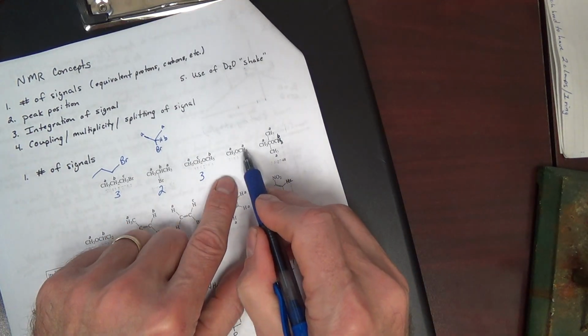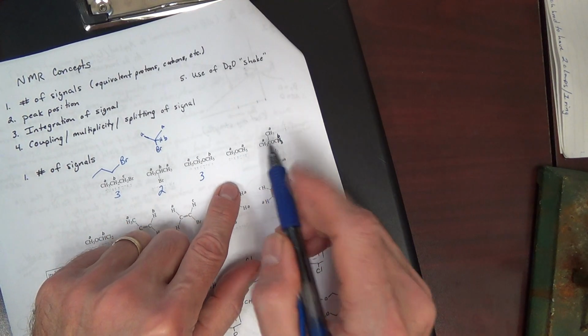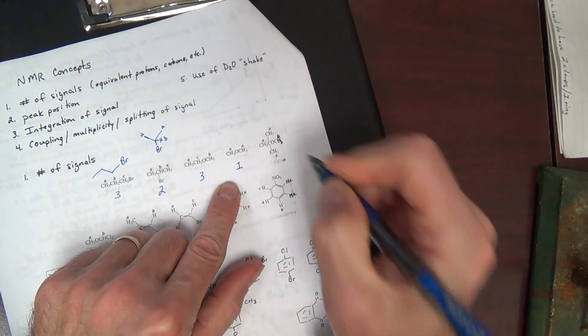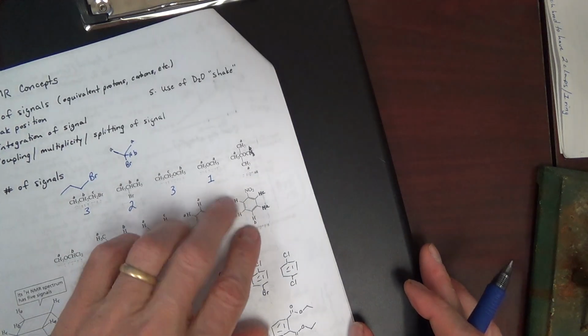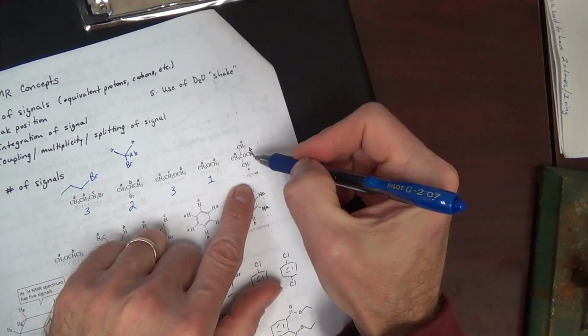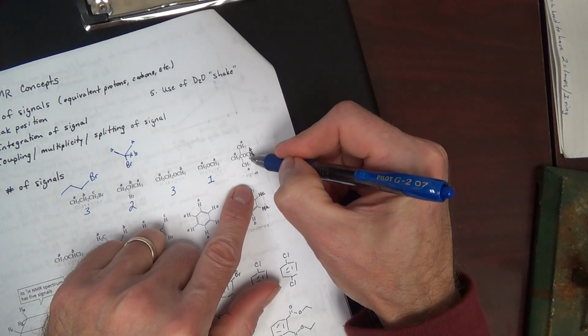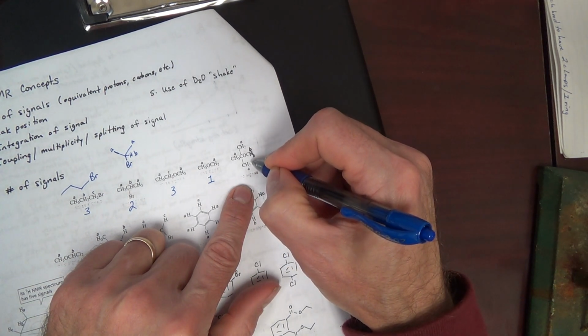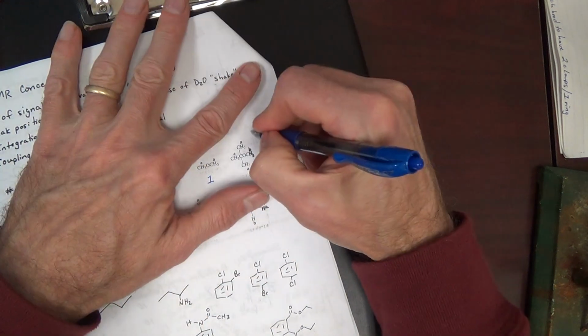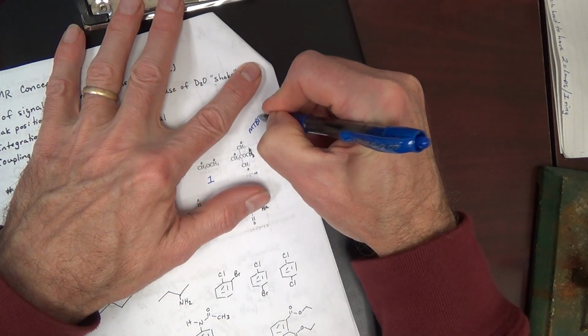On the other hand, this ether, dimethyl ether, 1 signal. The 2 CH3s are identical because of symmetry. This ether here, what is this? Methyl tert-butyl ether.